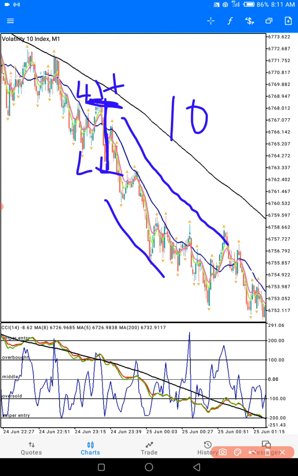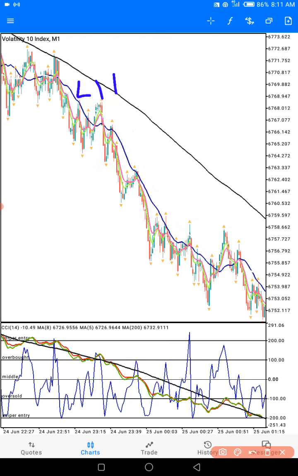Whenever the market gets to the lower high here, let me make it clearer a bit. When the price forms the lower high here, you enter at this point.